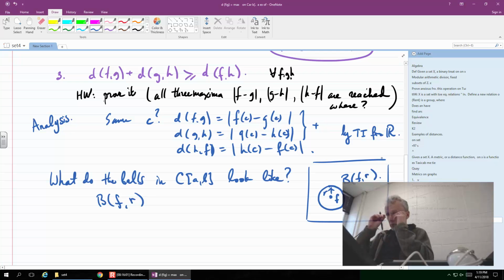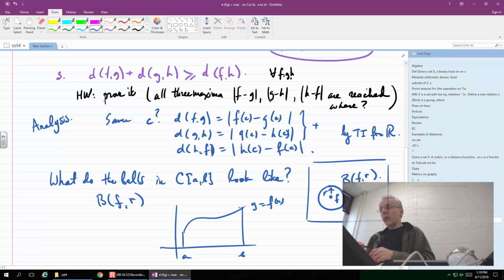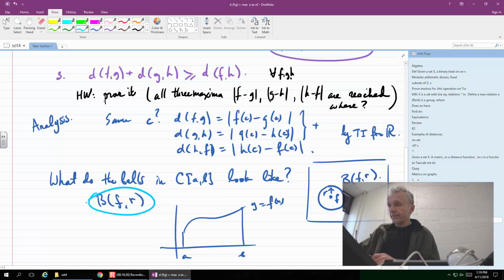What about functions? If I have my function f here on [a, b], and this is y equal f of x, what kind of functions will be within R from f? Can you point out one or two to begin with?